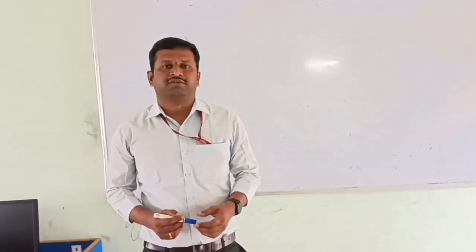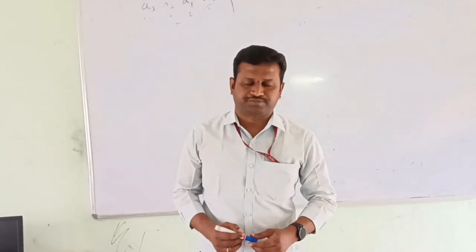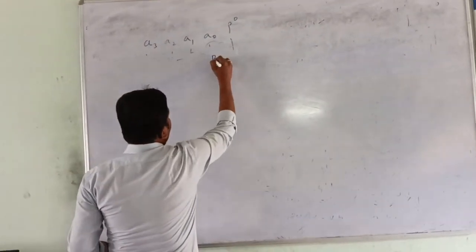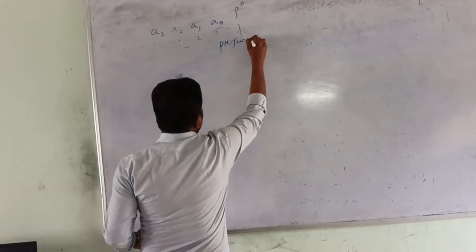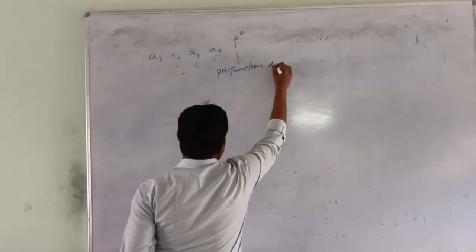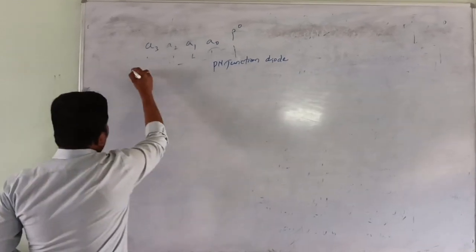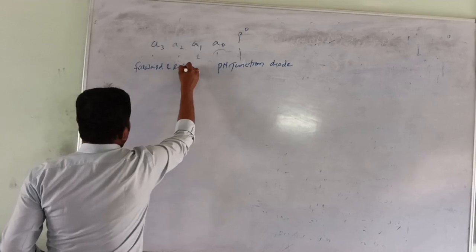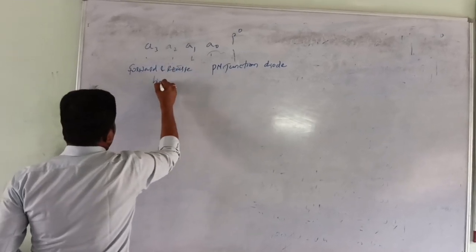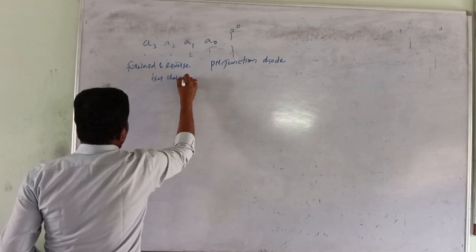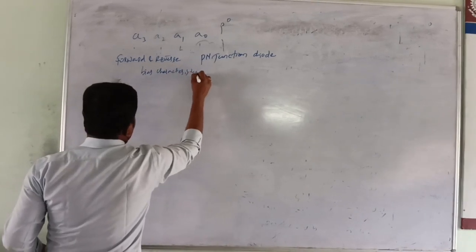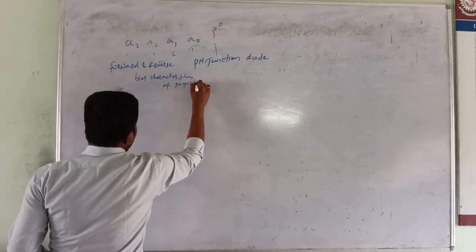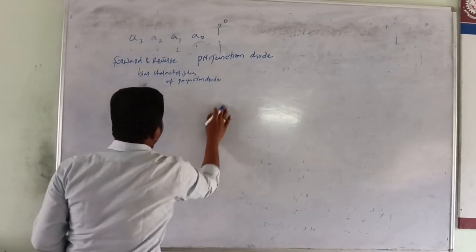Today, we'll see the first experiment in the EDC lab: the forward and reverse bias characteristics of the PN junction diode.